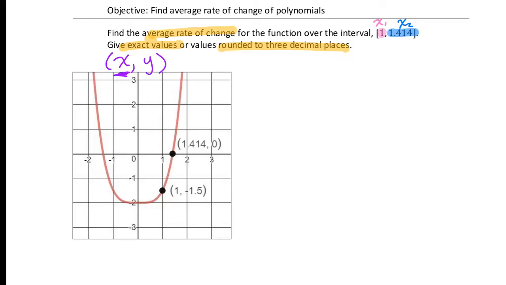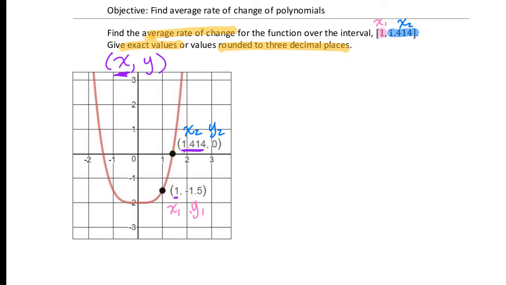For example, this is the first part, this is the first part. So for the x1, we're looking for 1. So that means this right here is 1. The one next to it would be your f of x1, or you can call it y1. The second one is 1.414, that's your x2. That means the one next to it is your y2.